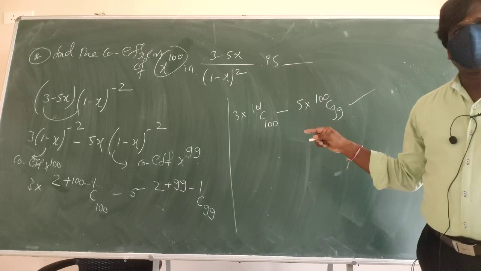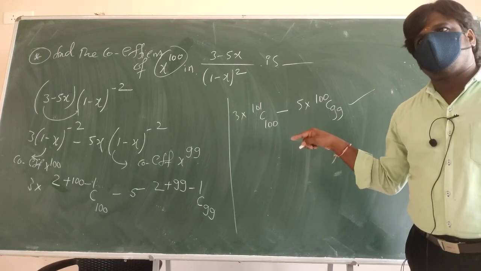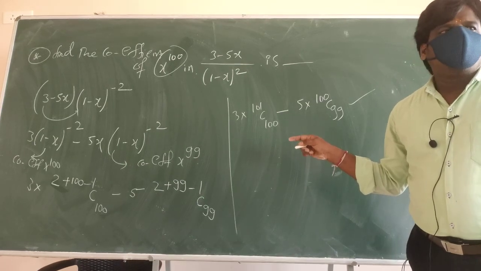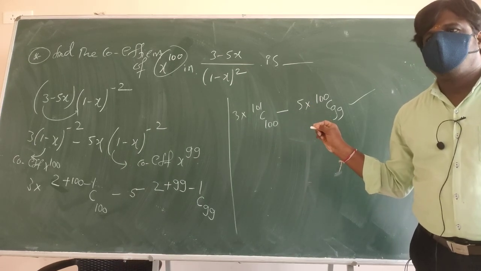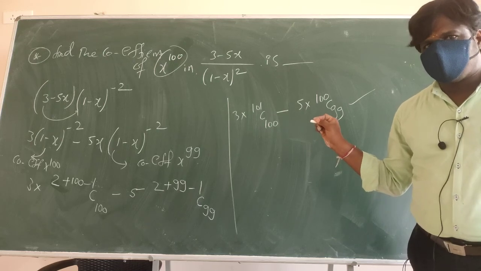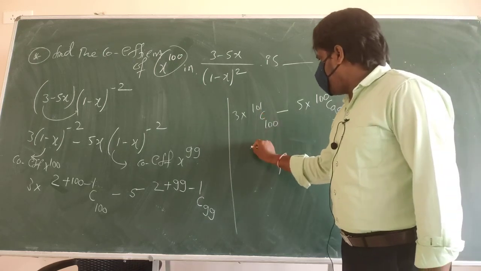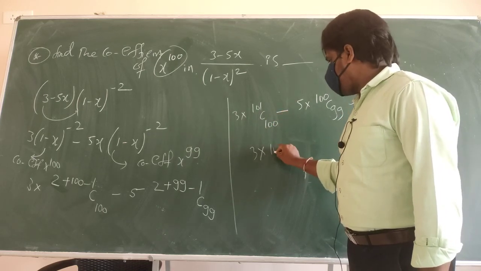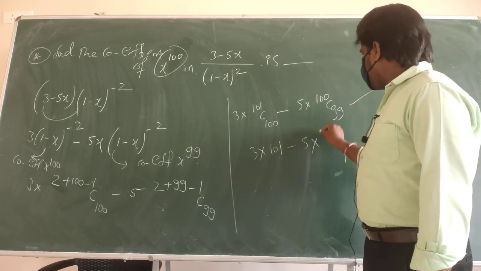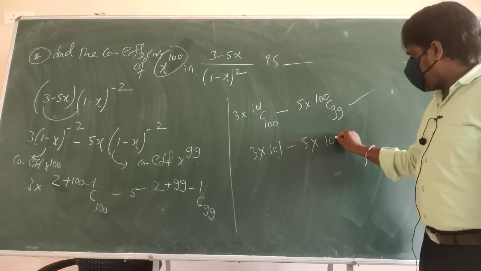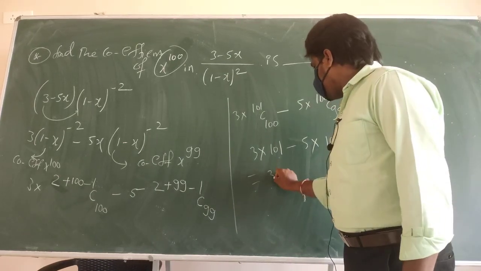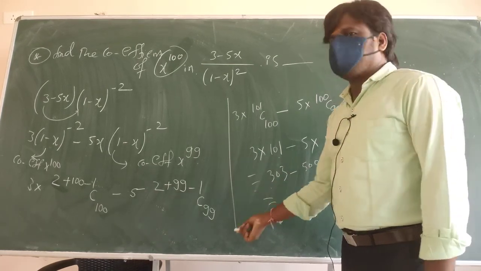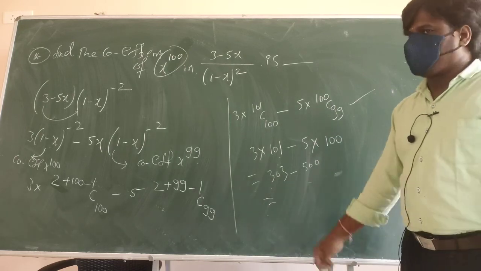You know that nCn minus 1 is how much? 5C4 is how much? 5. Right? So 3 into this will be 101, minus 5 into this, which is 100. So this will be 303 minus 500. A negative answer means the coefficient can be negative, no problem.